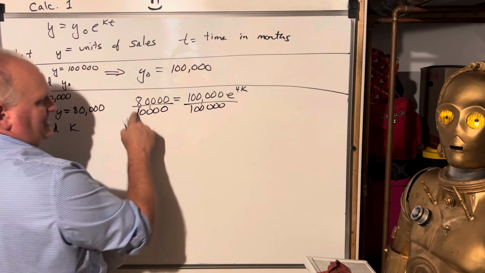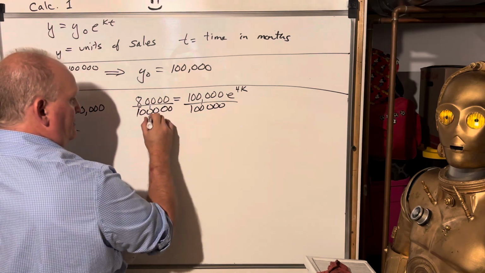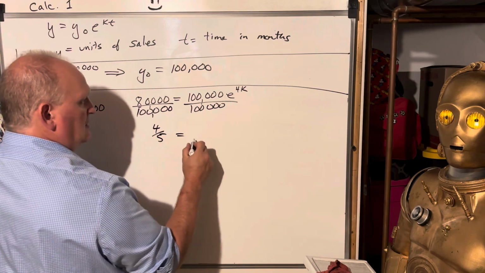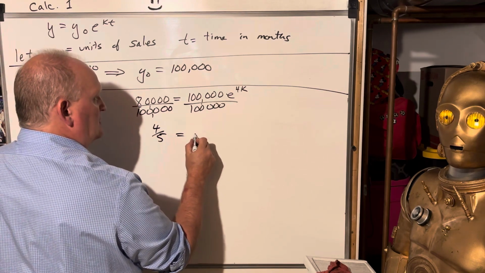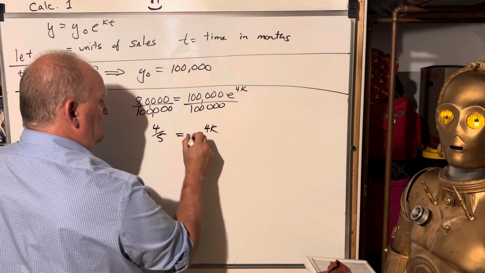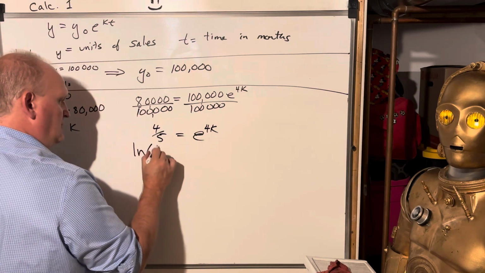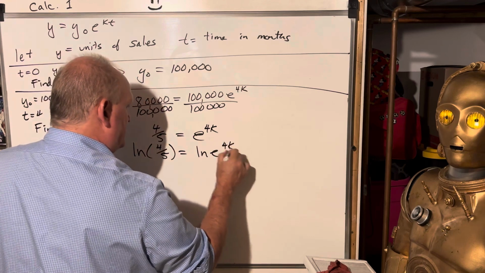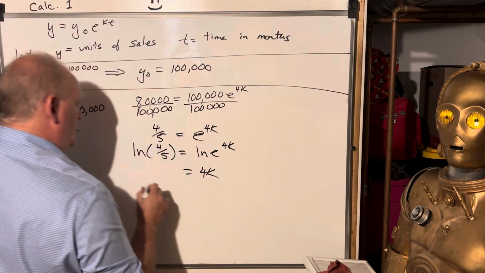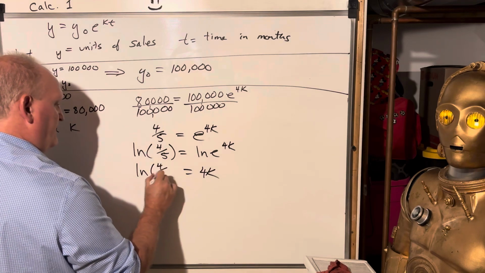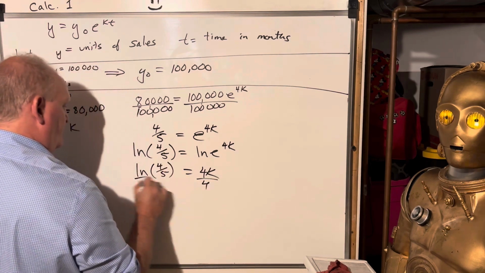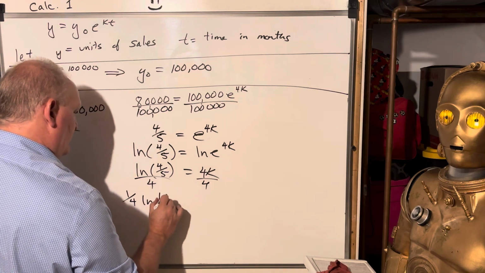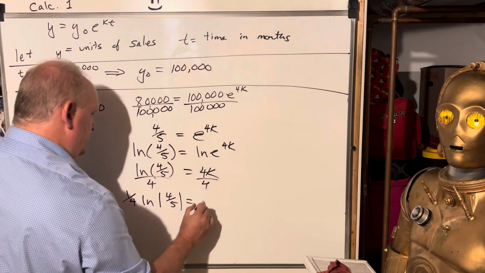Kill a bunch of zeros, that's 8/10, which is 4/5. And that's e to the 4k. And now let's do the natural log of both sides, pull 4k down. And that's the natural log of 4/5. And then divide by 4. So 1/4 ln of 4/5 is equal to k.